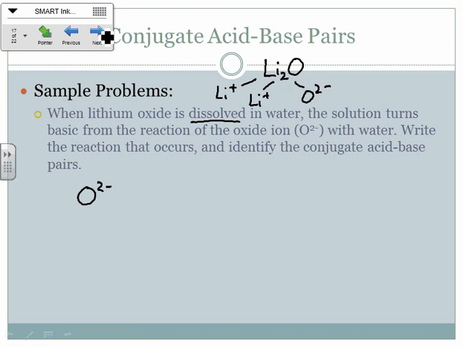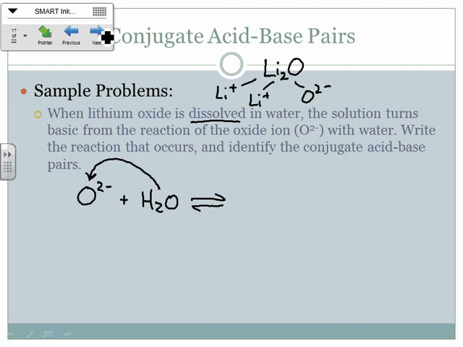But O2- here, it's saying that it reacts with water, and we want to talk about the reaction that occurs here. This is probably less of an equilibrium, but it will be an equilibrium. So you've got this O2-, fairly unstable because it's got a 2- charge.